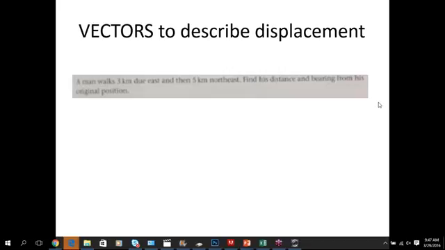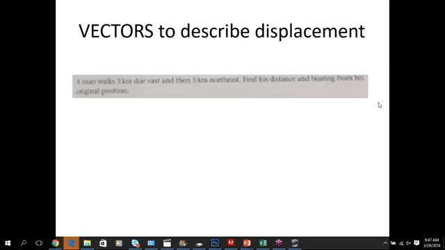I'll start with looking at just moving. Let's say we go 6 kilometers east. So we start here and we go 6 kilometers east, and we stop. Conveniently, we turn and head due south, say 4 kilometers.